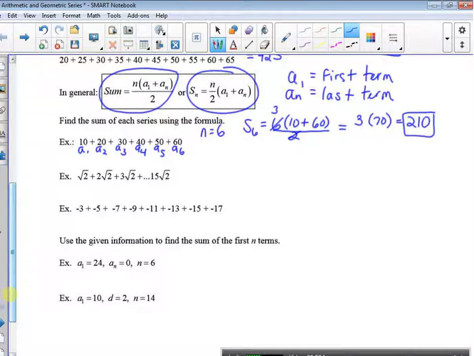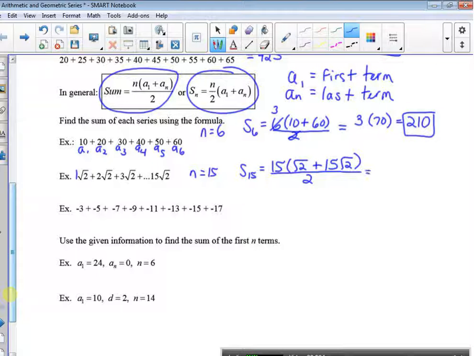Next, we have 2 radical 2 added to 2 radical 2, and so on and so forth. So for this one, I need to figure out how many terms there are. Well, it goes from 1 radical 2 to 15 radical 2, so n would be 15. So S sub 15 is n, 15, times the first term plus the last term divided by 2.